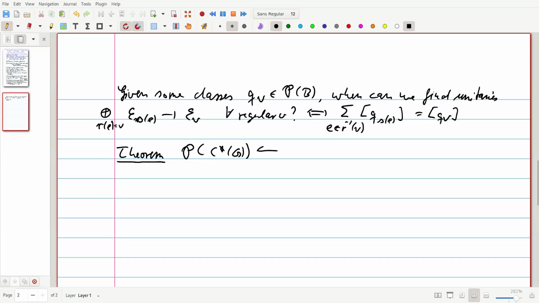The first statement would be that there's a surjective map from just the free abelian monoid generated by the vertices. So this NV means function with finite support from the vertex set to natural numbers. And this means that every projection in a matrix algebra of a graph C-star algebra is Murray von Neumann equivalent to a finite sum of vertex projections.